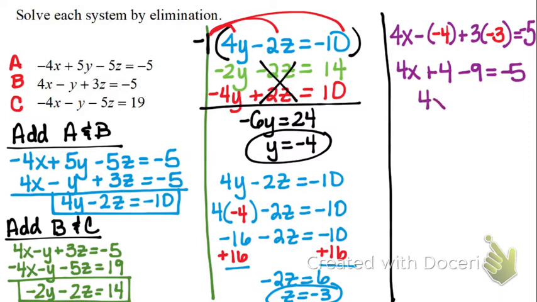So 4x minus 5 equals negative 5. Add the 5. 4x equals 0. Divide by 4. X equals 0. Who got x equals 0?